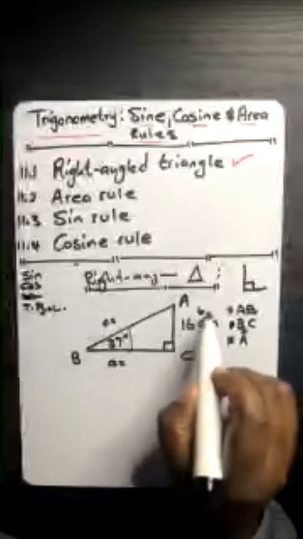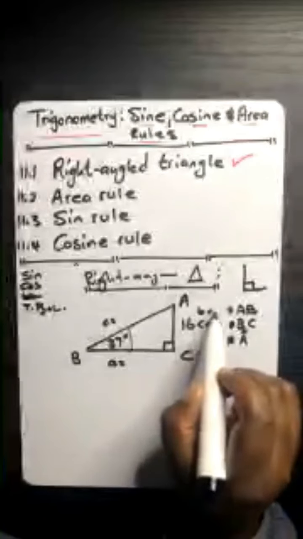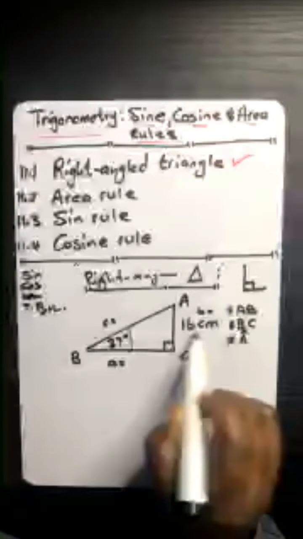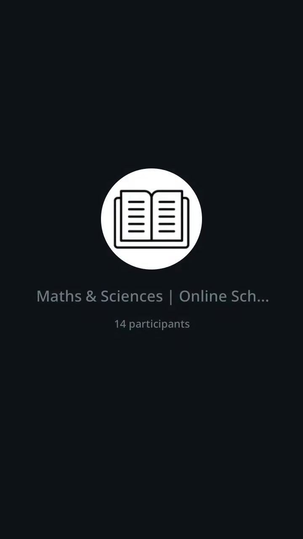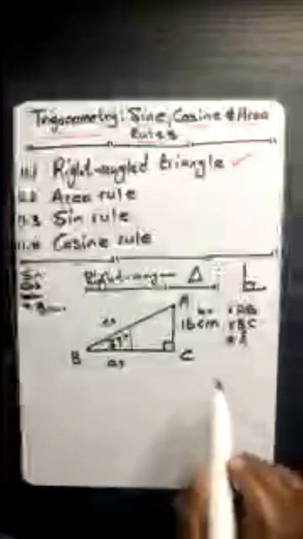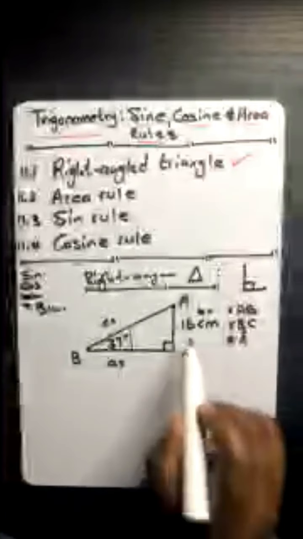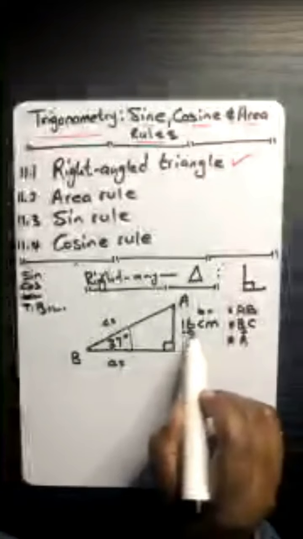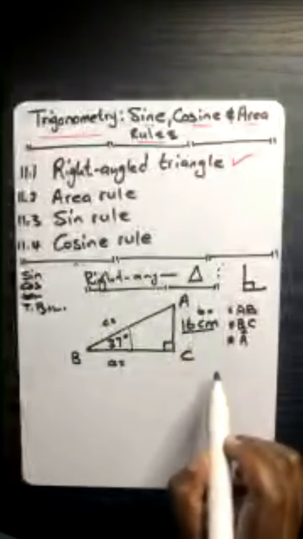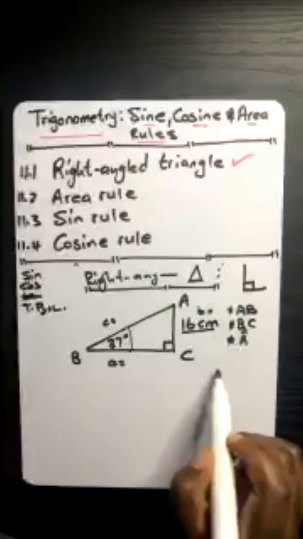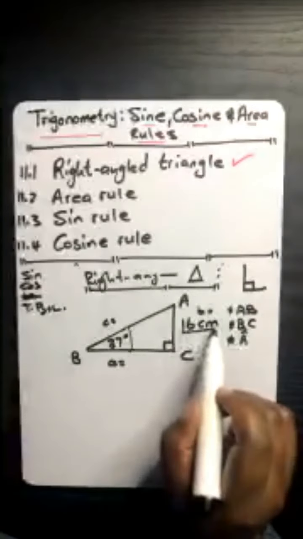Okay, so obviously we are given that being 16, meaning this is actually opposite, because this is the side which is opposite to the angle.